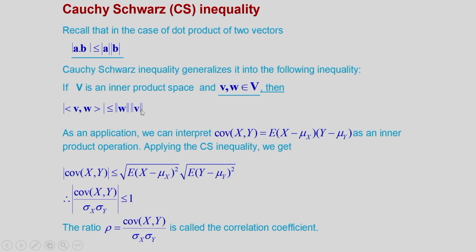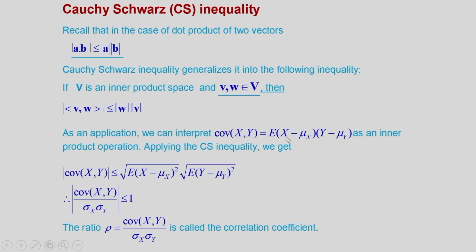So, this is a very important result, the Cauchy-Schwarz inequality. We will not prove this, but we will assume that it is satisfied. This CS inequality will be used to derive an important result for joint random variables. So, we can interpret covariance of x, y. Covariance of x, y is, by definition, E of (x minus mu x) into (y minus mu y).